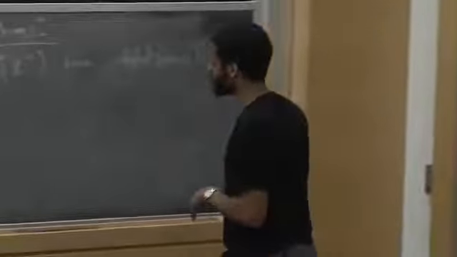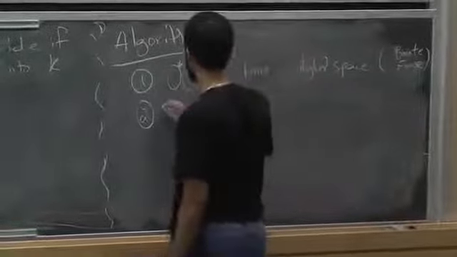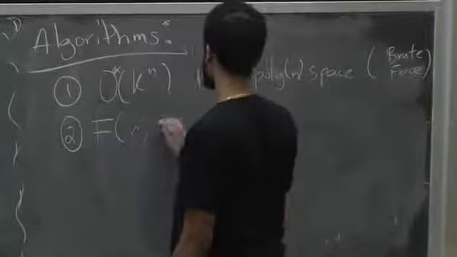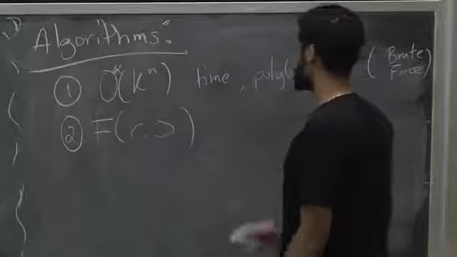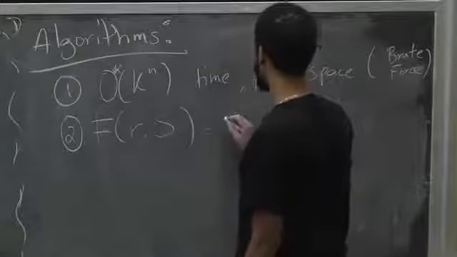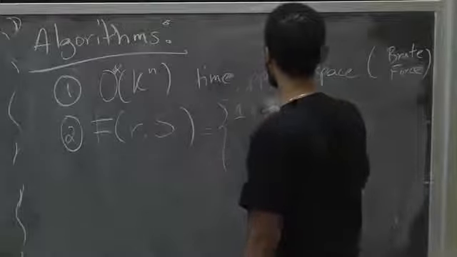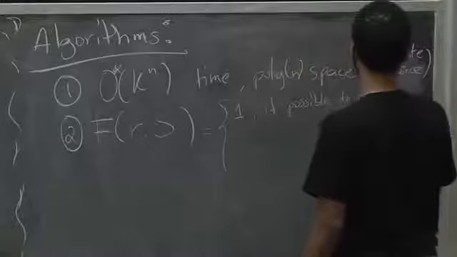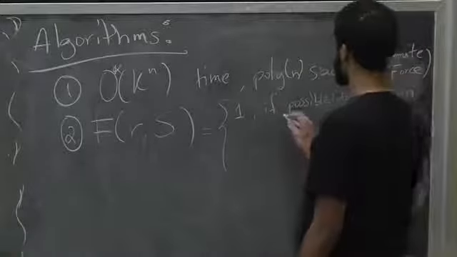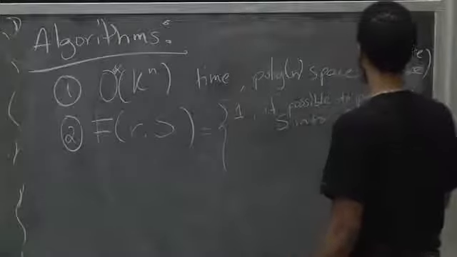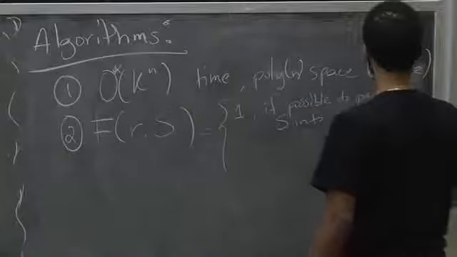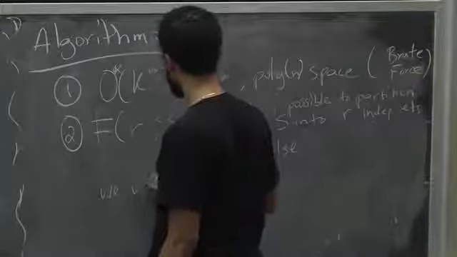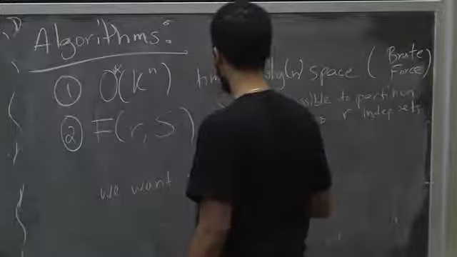You're trying to compute f of r, s, which is 1 if possible to partition S into r independent sets, and 0 otherwise. And we want f of k, V, right?